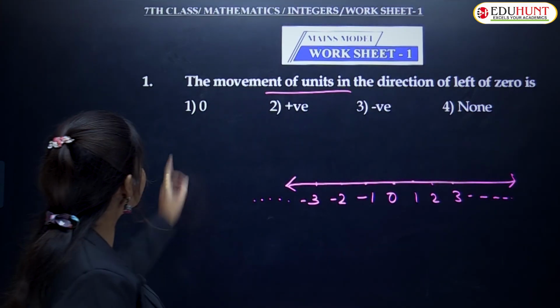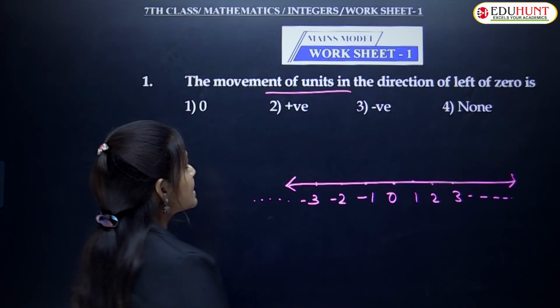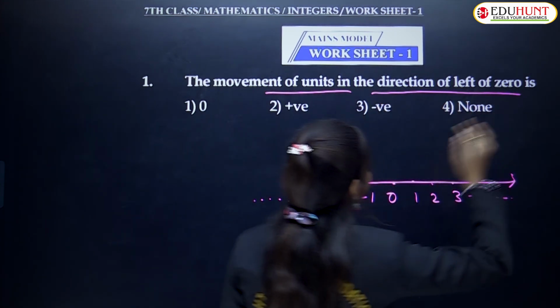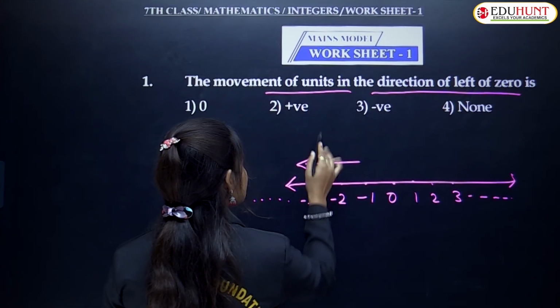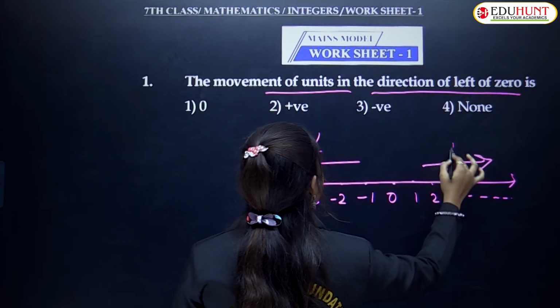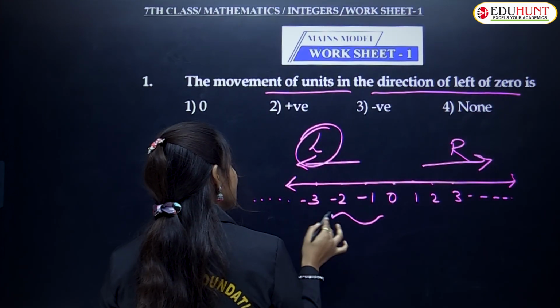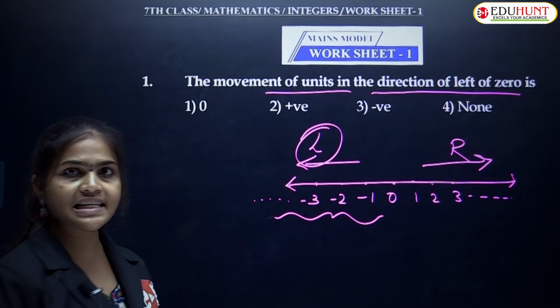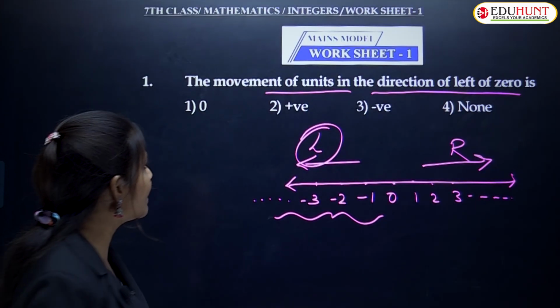Here they are asking the movement of units in the direction of left side of 0. This is the left side and this is the right side of 0. On the left side of 0, which integers are there, positive integers or negative integers? Negative integers are there.